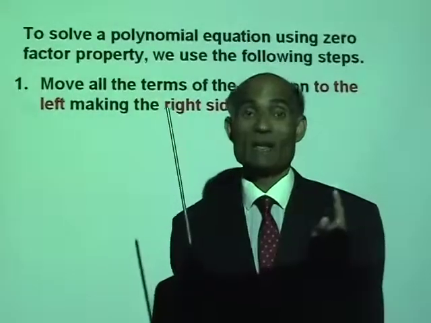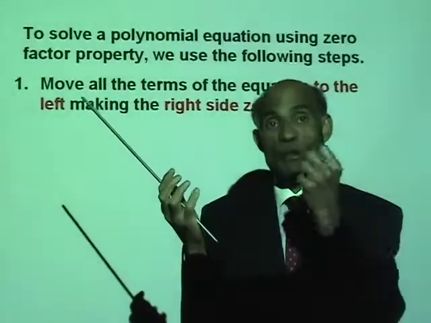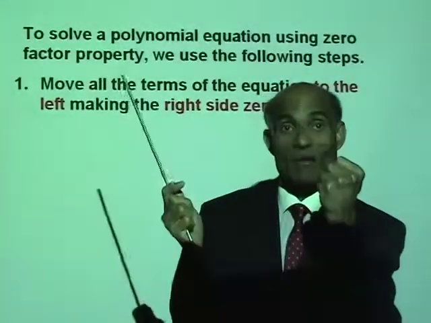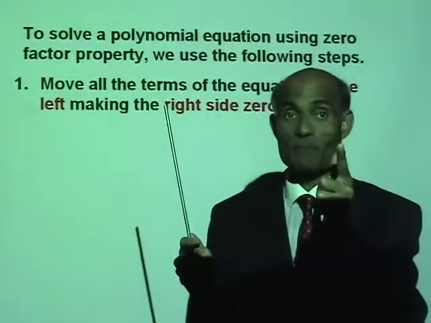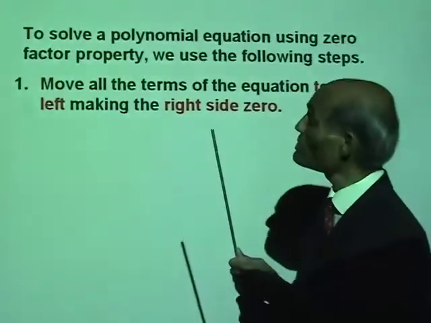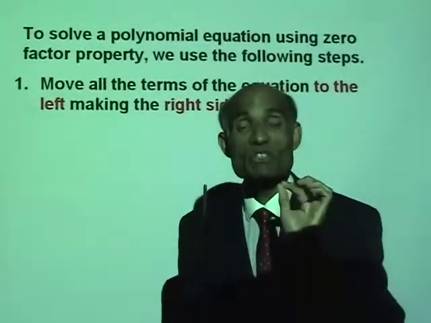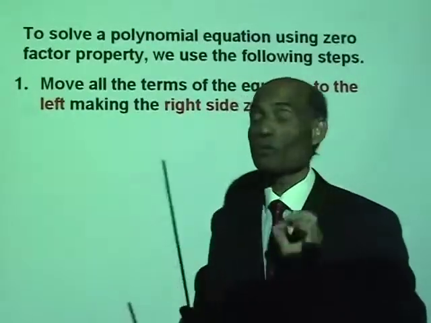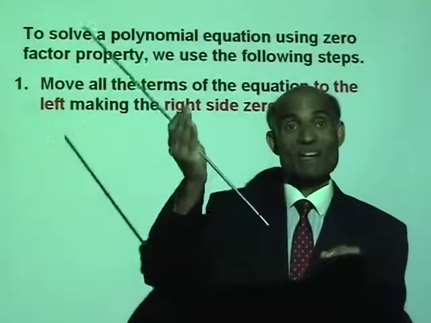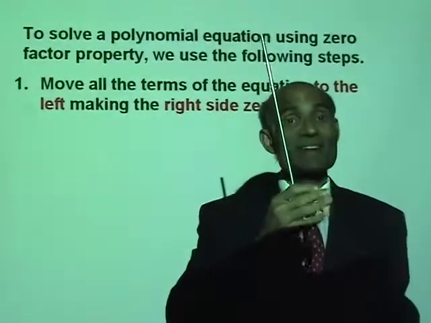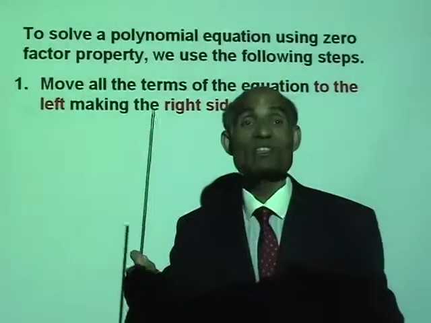But you know that if you have an equation, terms can be moved from one side to the other by changing their sign. I hope you remember that. Okay, so what is the first step that you need to do in solving equations that contain higher power? Move all the terms from the right side to the left side. And what will be the right side then? The right side is 0.